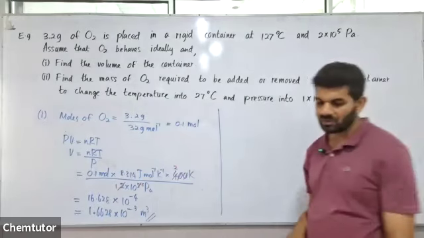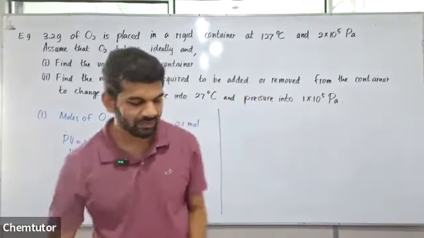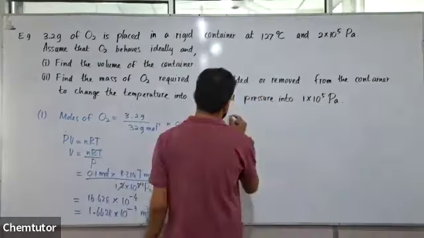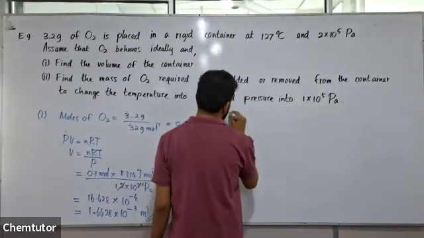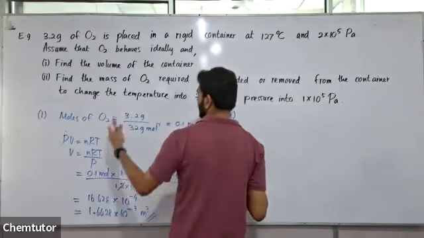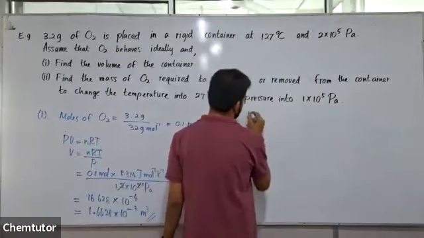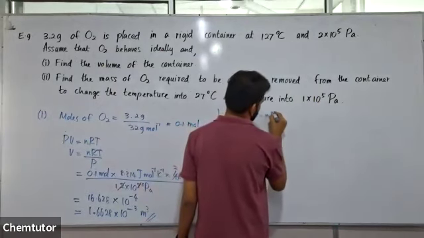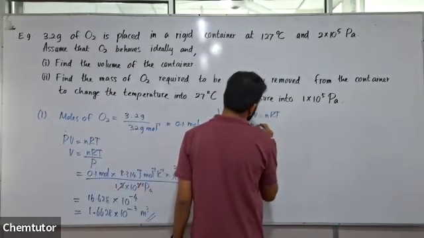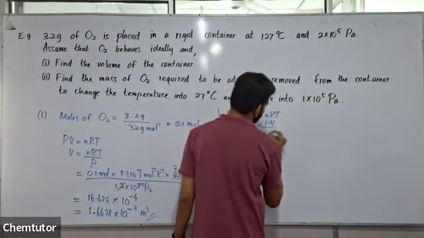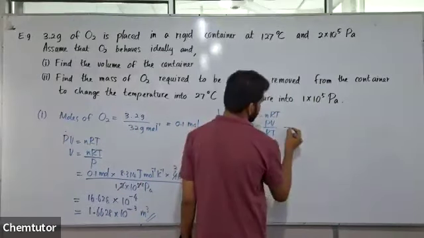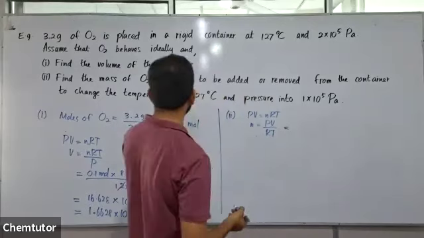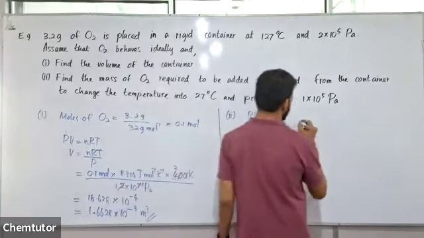Let's apply PV equals nRT, so n equals PV over RT.